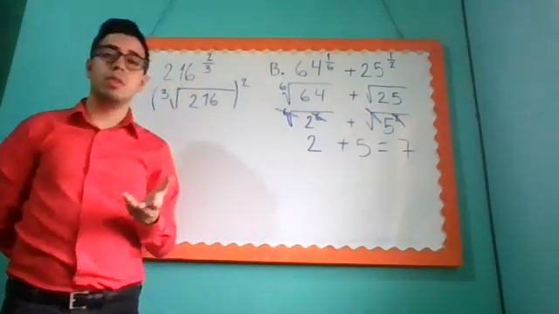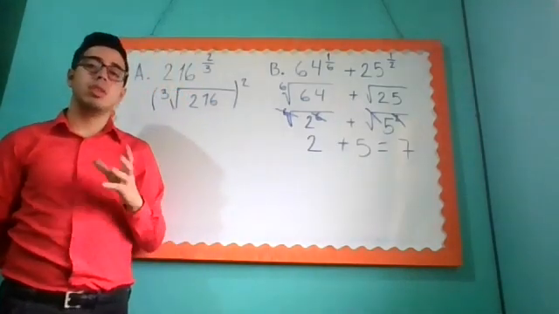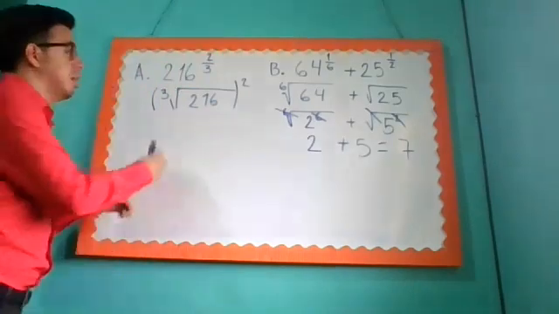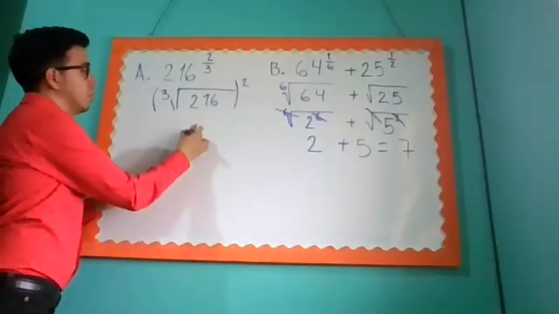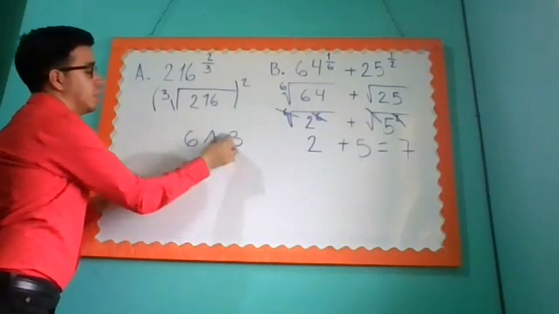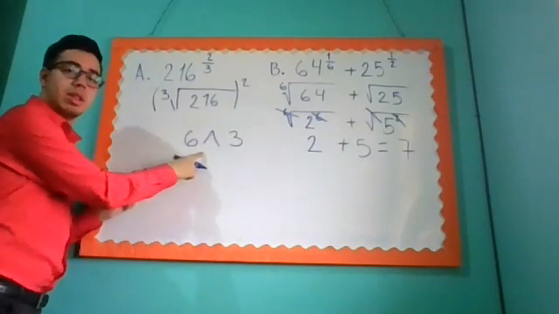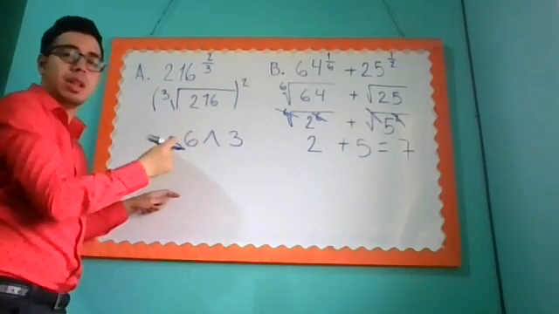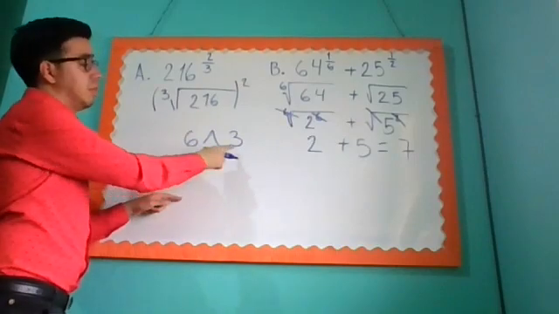Again, I told you, if you are not sure what number to use, you try it on your calculator. On your calculator, you can use this form, 6 to the power of 3. There is a symbol that appears to show the power of, okay? So 6 to the power of 3.